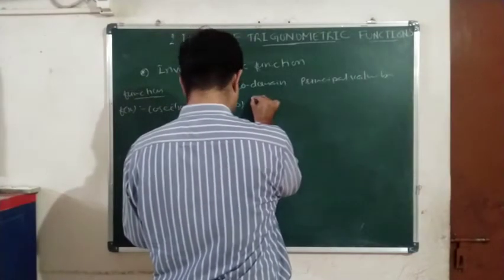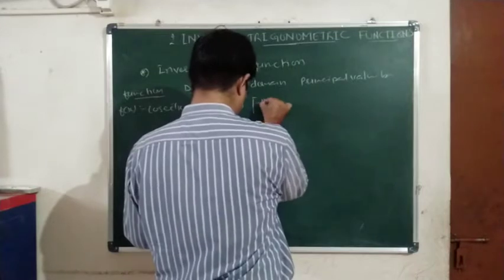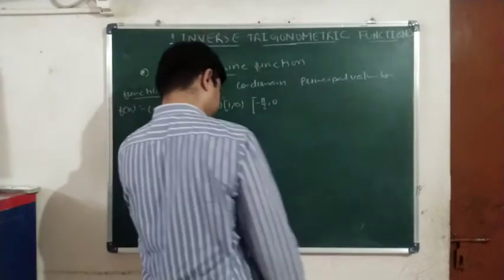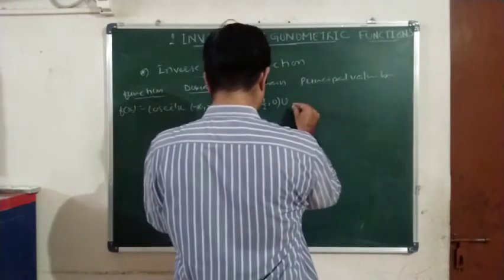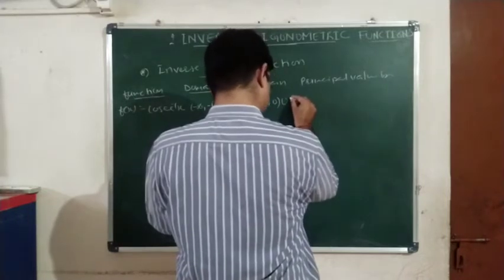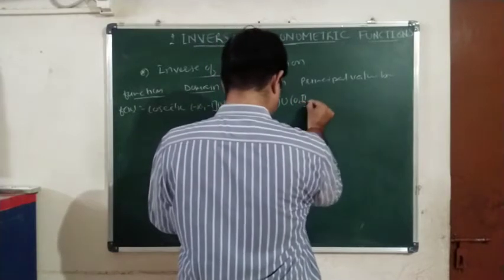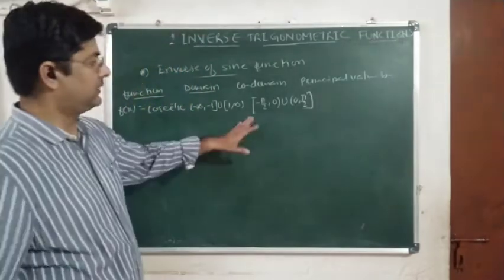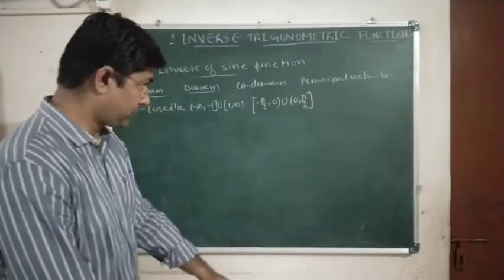Codomain will be minus pi by 2 to 0 union 0 to pi by 2, or minus pi by 2 to pi by 2 minus 0. Yes or no?